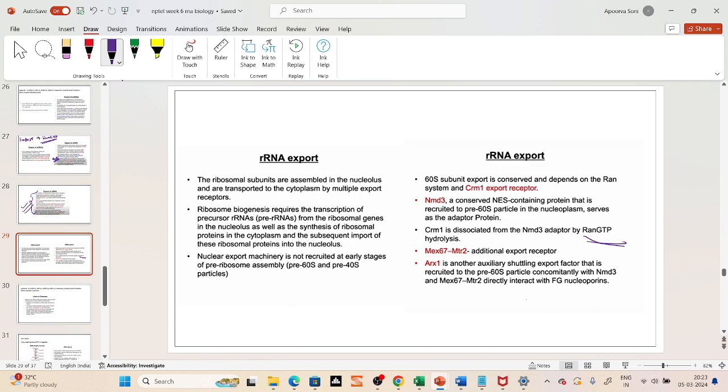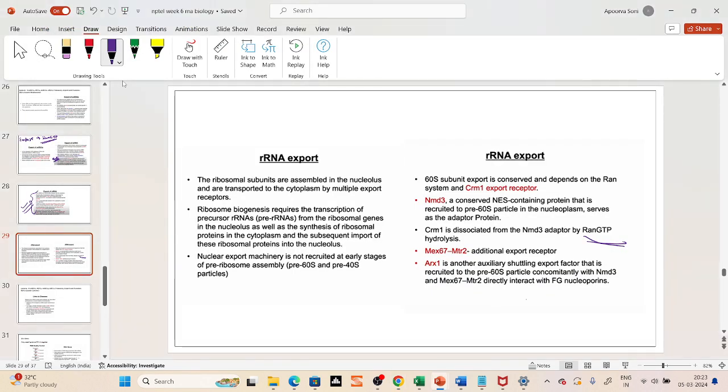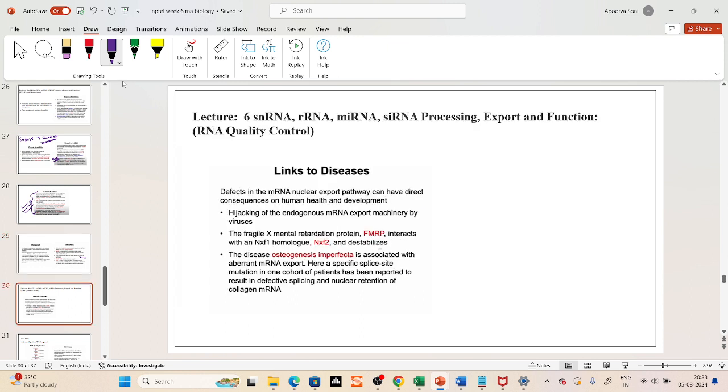Then there is another export factor, ARX1, which is also required. So the basic concept remains the same: first your RNA will bind to the receptor, and then with the help of the Ran GTP complex it will go to the cytoplasm. GTP will be hydrolyzed to GDP, and this way it goes to the cytoplasm. The basic process is the same, but little bit different details are there in the other cases.